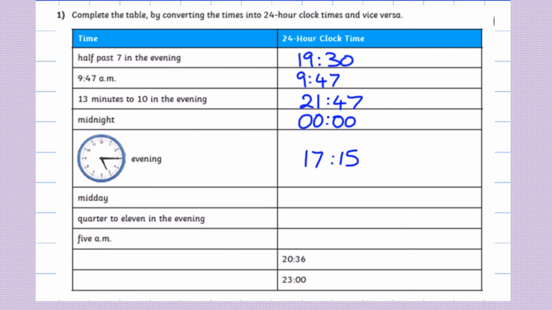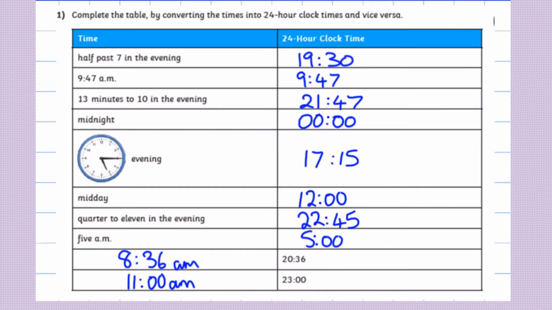Midday shows us 1200 hours. 11:15 in the evening, well, 11 will be 23, and then it's 45 minutes, which shows 23:45. 5 a.m. will stay as 500 hours, because it stays as 5 a.m. 20:36, this is where we've got to take off 12 hours, which will give us 8:36 p.m. And 2300 hours, that's 11 p.m. And those are our converted times.